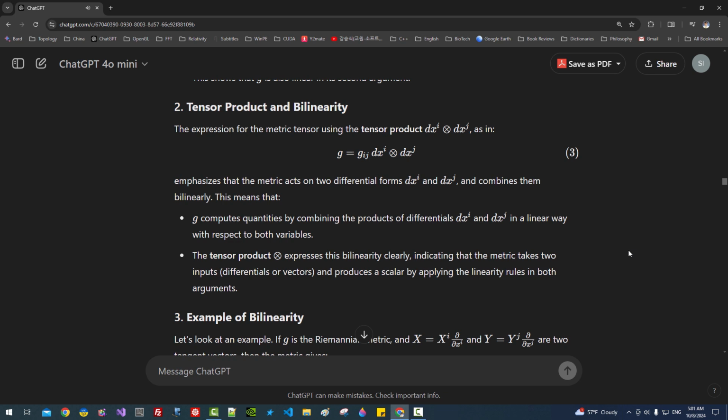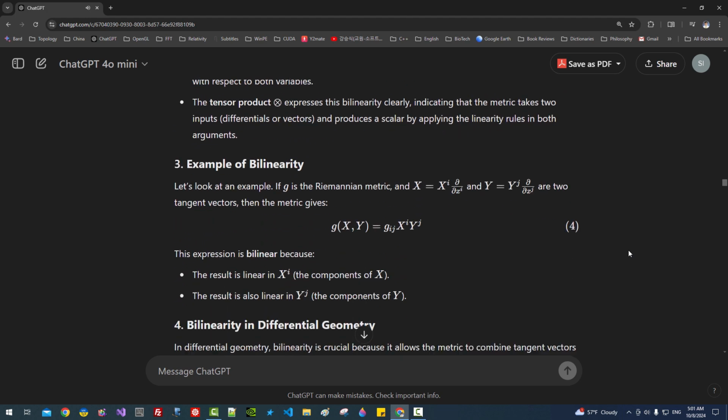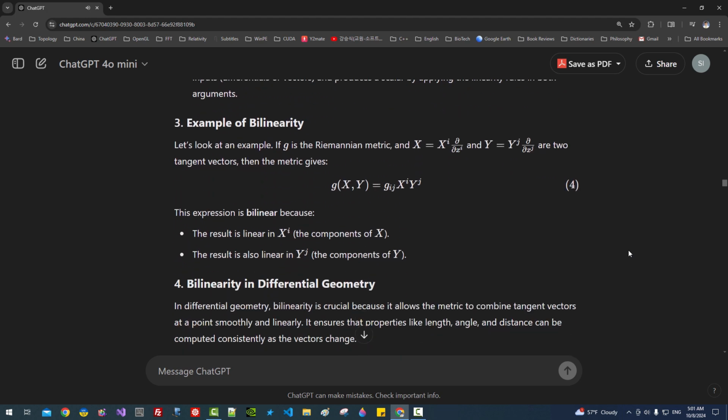This means that g computes quantities by combining the products of differentials dx^i and dx^j in a linear way with respect to both variables. The tensor product expresses this bilinearity clearly, indicating that the metric takes two inputs, differentials or vectors, and produces a scalar by applying the linearity rules in both arguments. 3. Example of bilinearity. Let's look at an example.